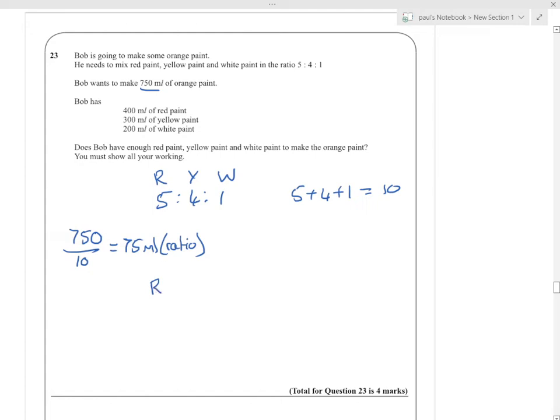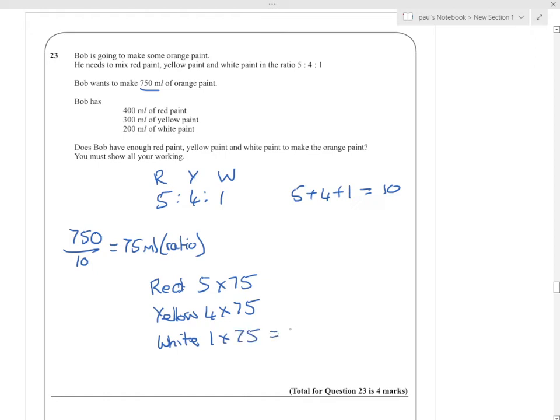So does he have enough red, yellow and white to make it? So the red is 5 times 75. The yellow is 4 times 75. And the white is 1 times 75.